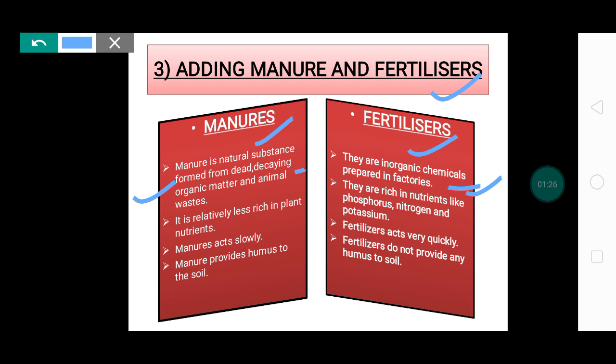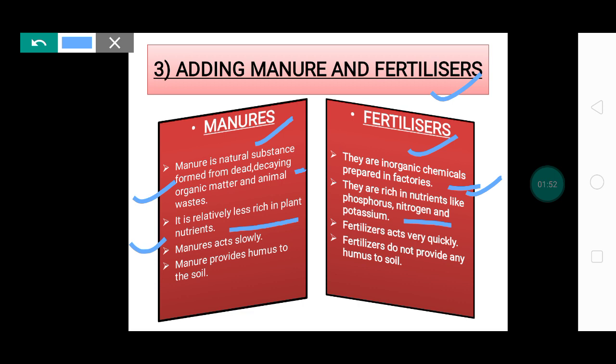And manures are natural substances formed from dead and decaying organic matter and animal waste. Next, manures are relatively less rich in plant nutrients, whereas fertilizers are rich in nutrients like phosphorus, nitrogen, potassium.